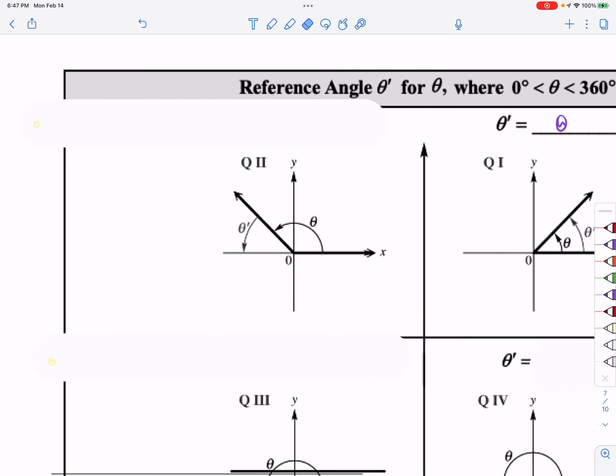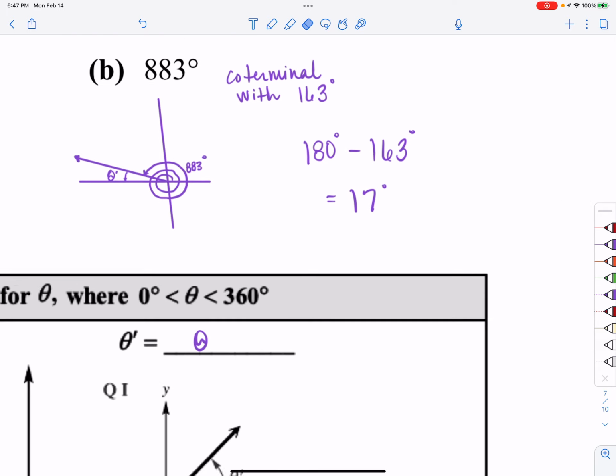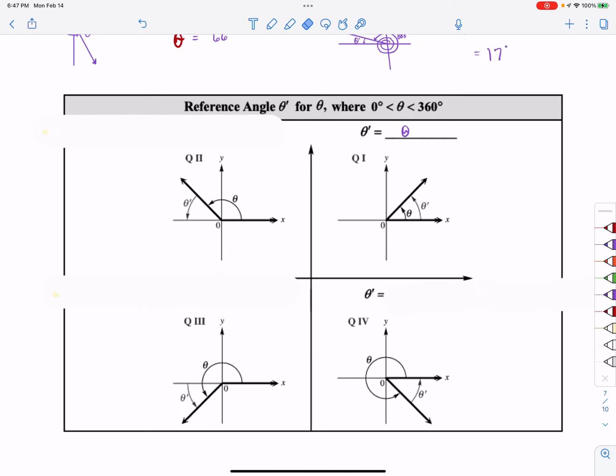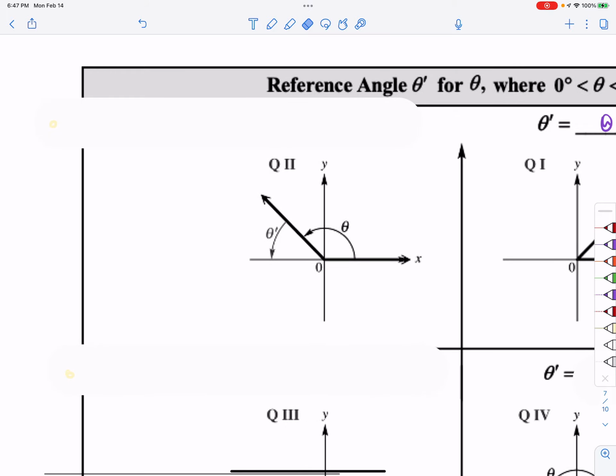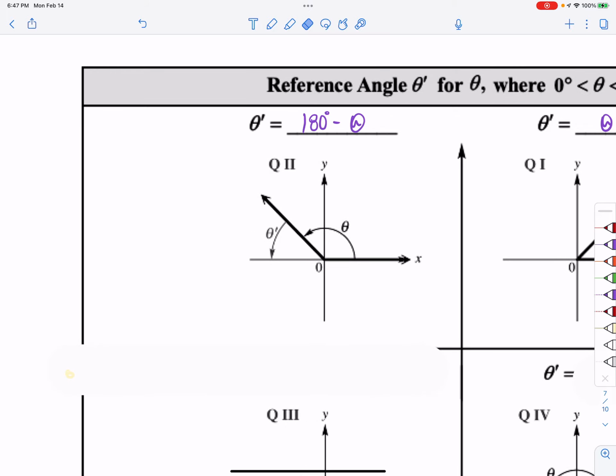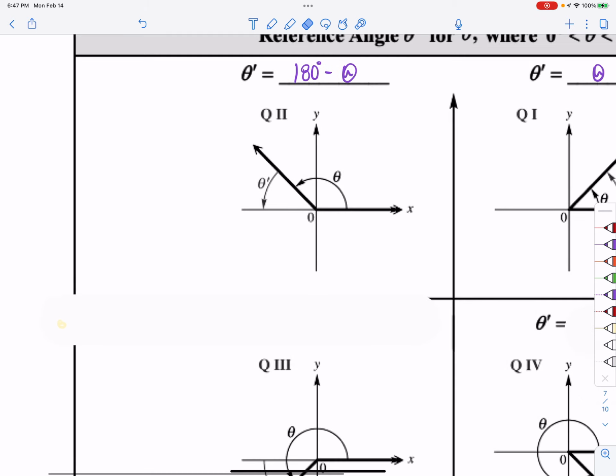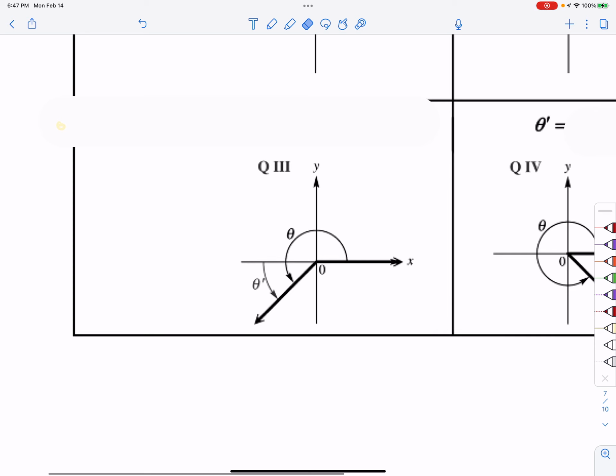In quadrant 2, this is going to be a whole lot like this part B that we did. We're going to do 180 degrees minus my theta. In that case, it was minus 163 degrees, and that's going to give us our theta prime. If we're working in quadrant 3, now we didn't do an example of this one, but again, the closest x-axis is going to be 180 degrees. So all I will need to do is my theta subtract my 180.